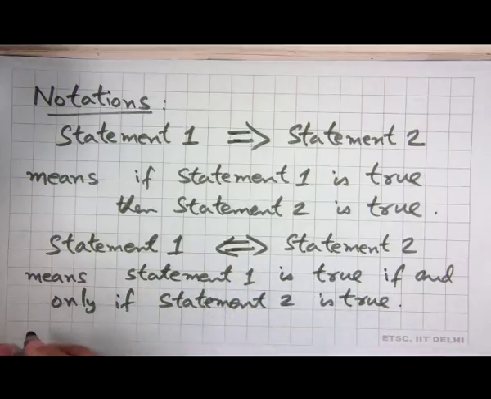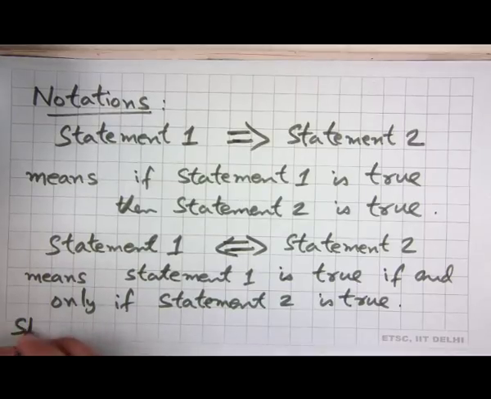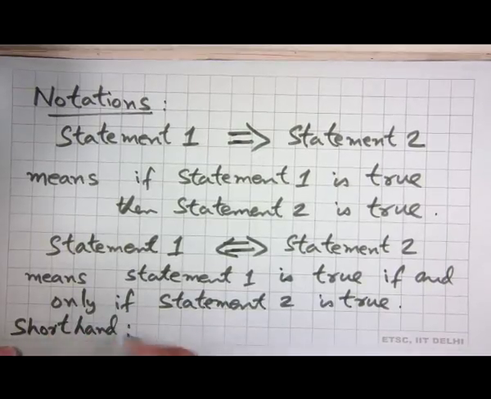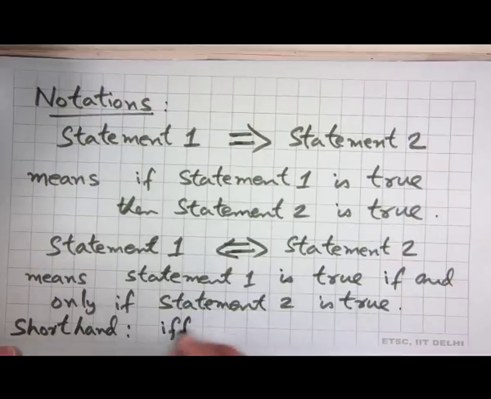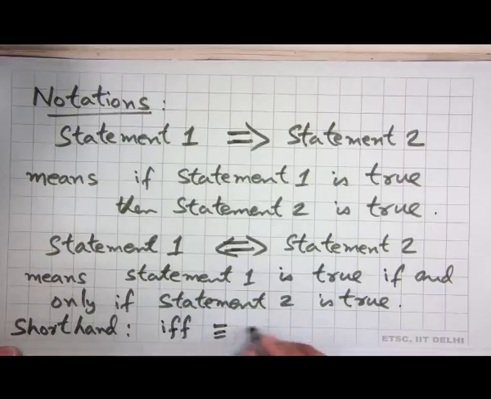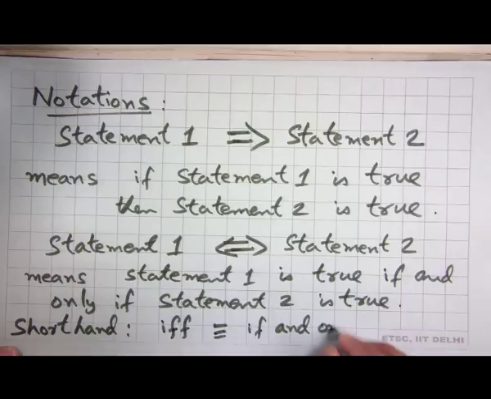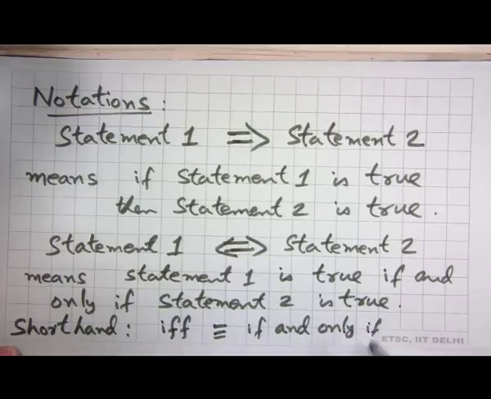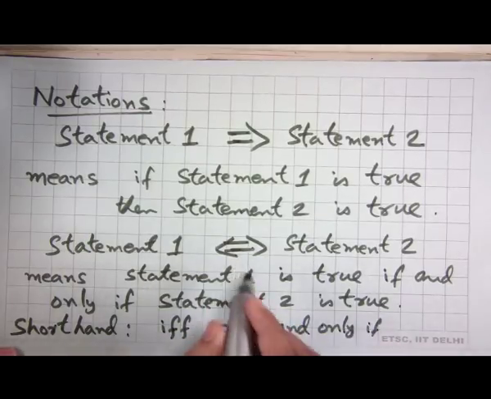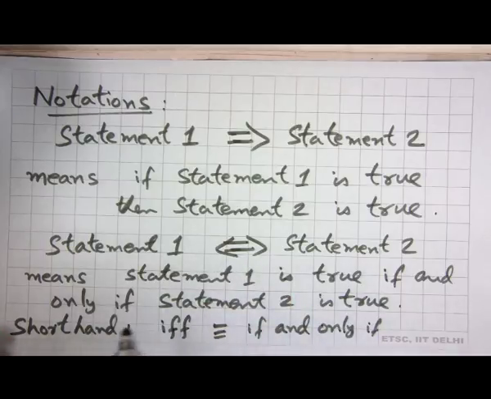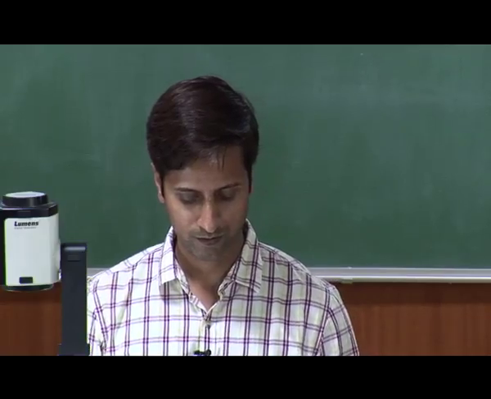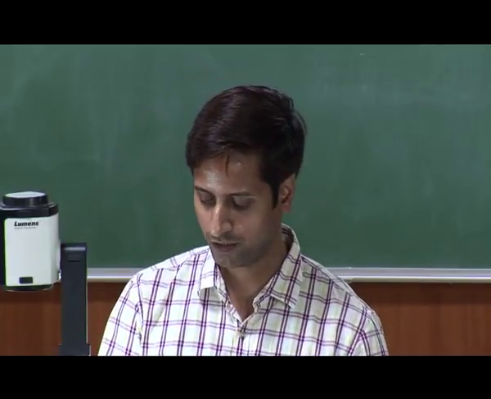And there is also a shortcut notation to write if and only if. We write iff, this means if and only if. So, instead of this double implication, we sometimes write iff to mean this.